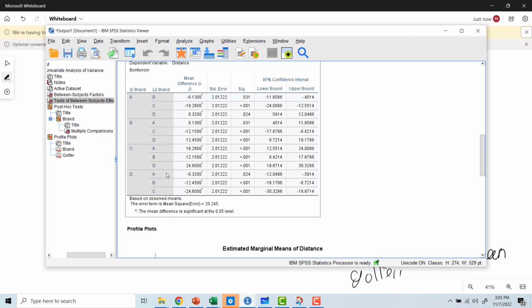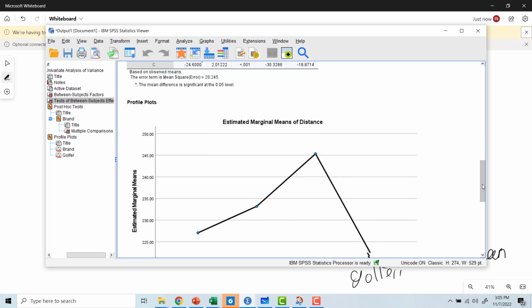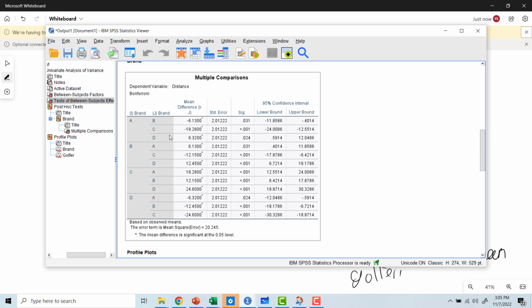Everything for D has a confidence interval where D minus the other brand doesn't go through 0 and it's less than 0. So we have D at the bottom. Then next up we have A, and if we look at A, the confidence bounds for B and C are negative.